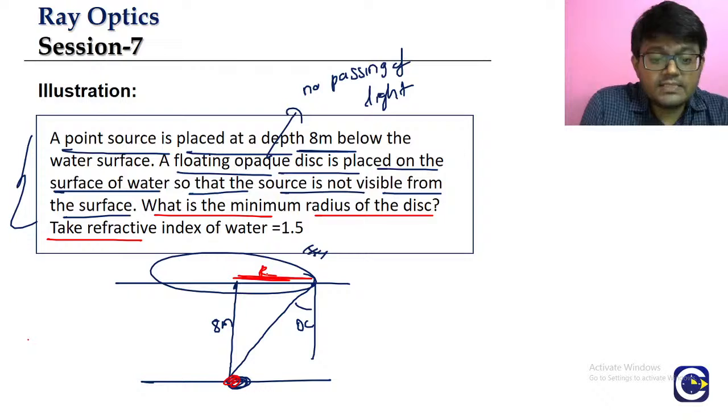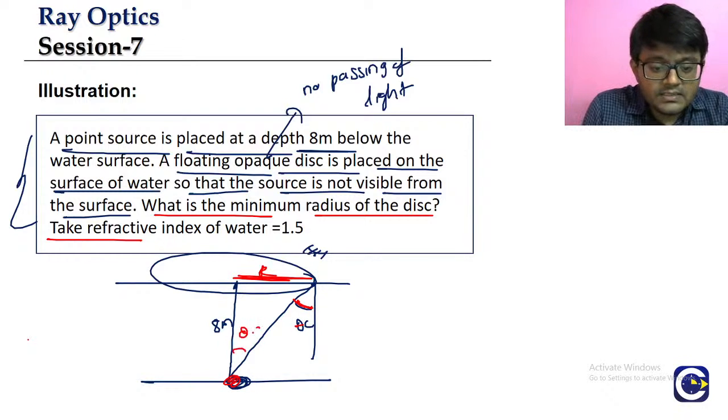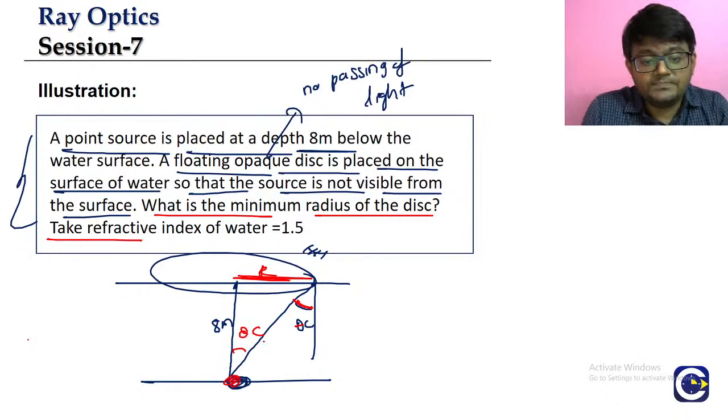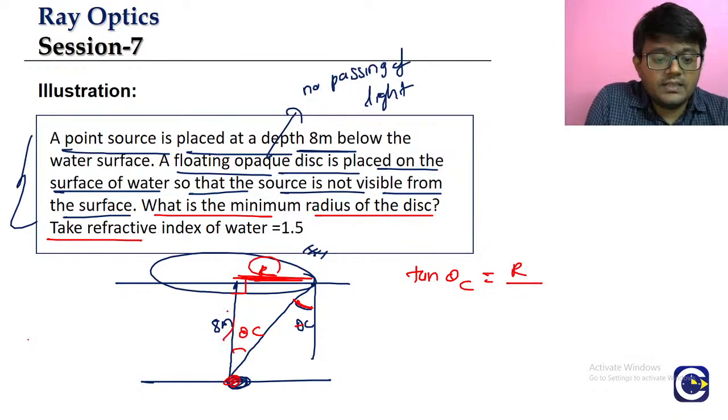So look at this, R we have to find. What is this angle? Theta critical. This is theta critical, so this is also theta critical, right? Now look at the right angle triangle. What is tan theta critical? Opposite by adjacent.